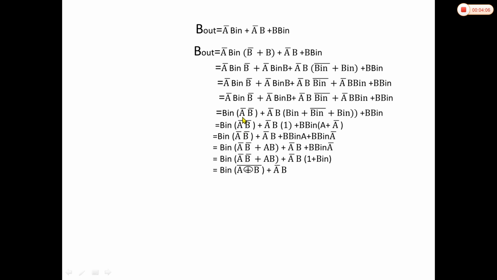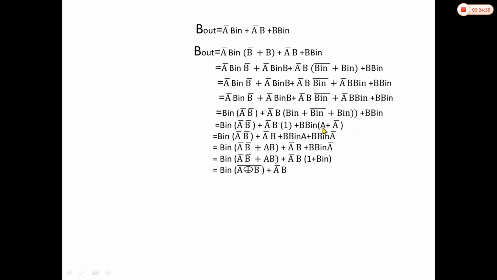Here it is the A bar B in and B in plus B in bar, this will be 1, and 1 plus B in equal to 1. So this term B in plus B in bar plus B in will be 1. So we can write this as A bar B, and B in A bar B bar plus A bar B B in.